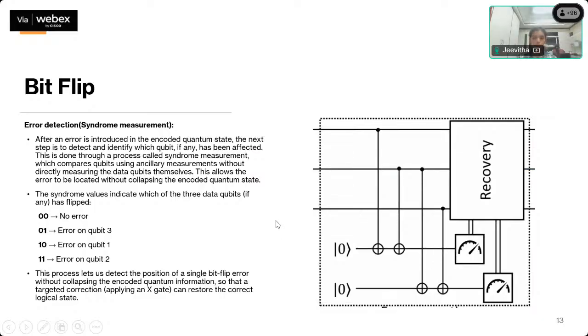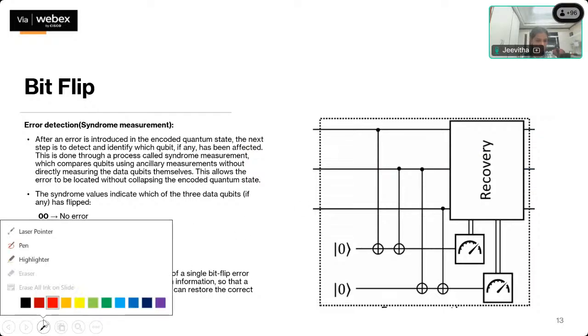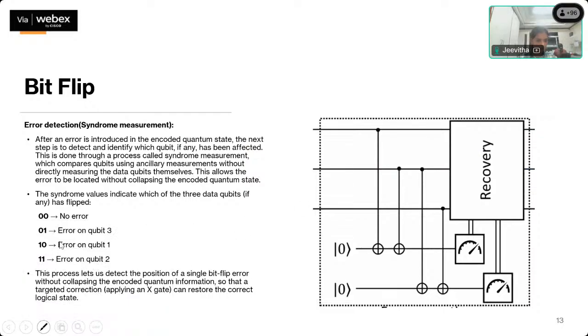Now I can give an example. Suppose an X error has occurred in my first qubit. I have applied a few CNOT gates, and based on these gates, this qubit will be 1 because the error has occurred.